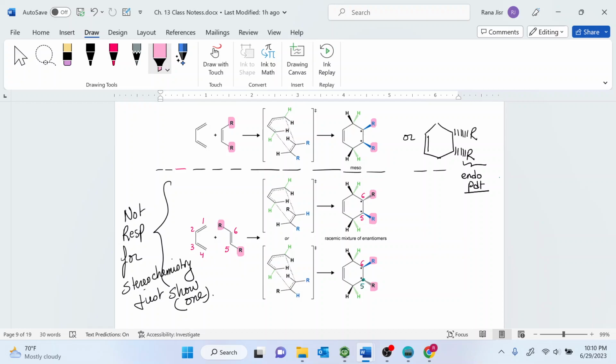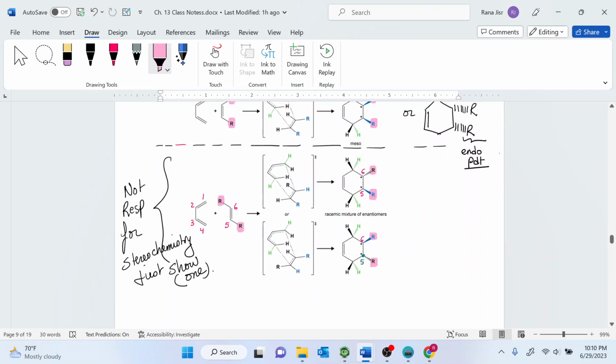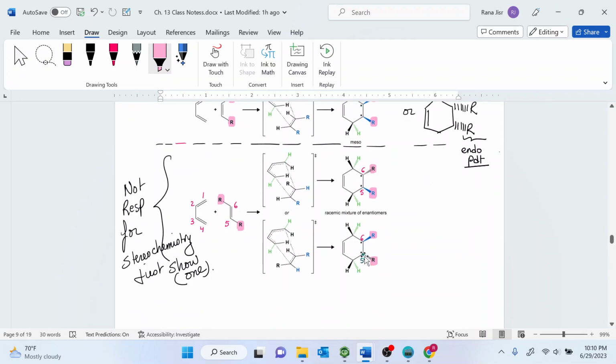Just pick one in there because both form, but you are not responsible for the stereochemistry. So just pick one of those and write it down. Although we prefer, as we said, that on carbon number 5, if you can make that group down, make it down, because this one is going to be our endo product, which is preferred.